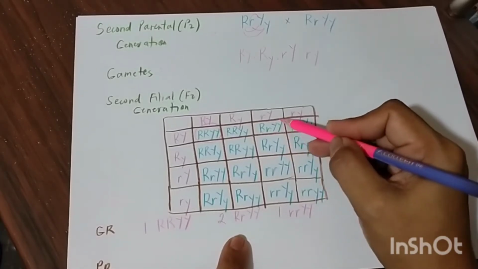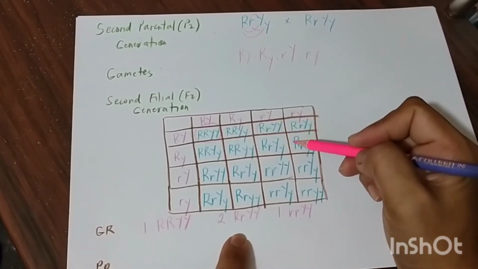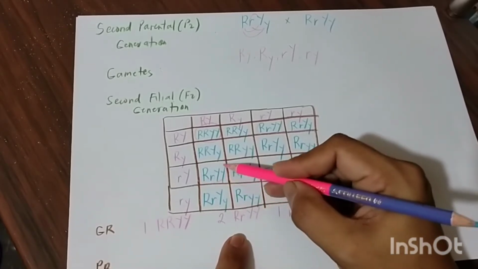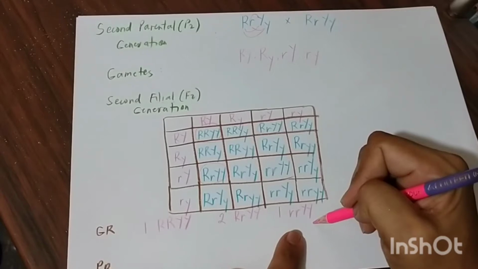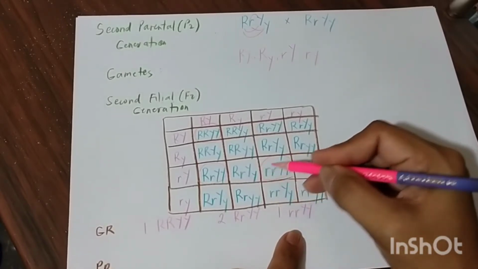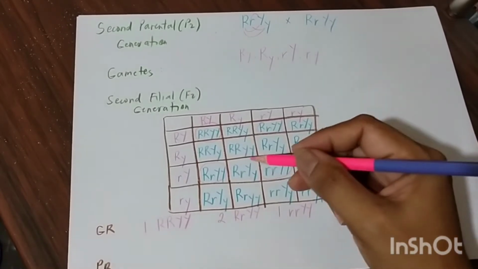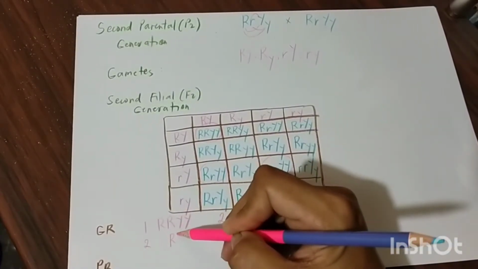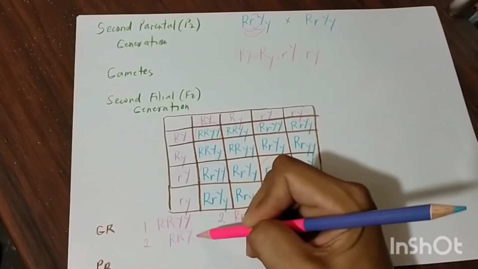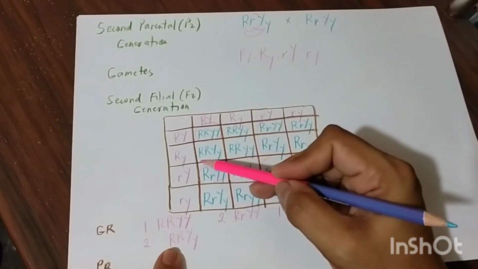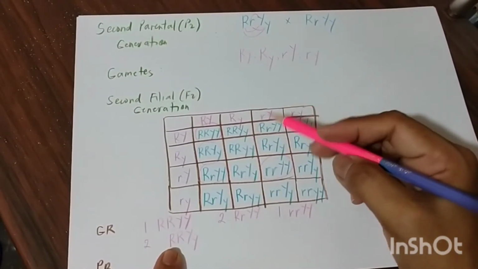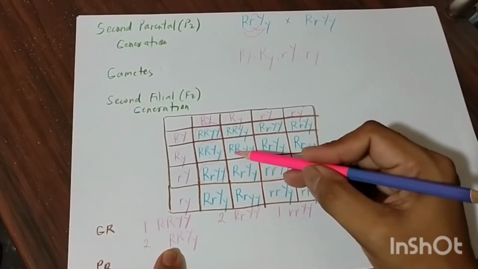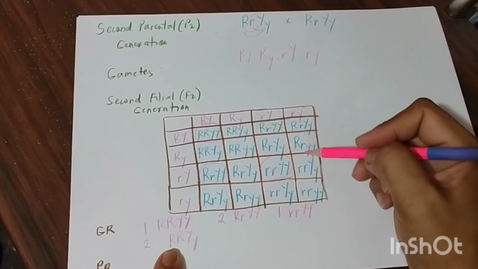Next, we have 2 round heterozygous yellow, 1 and where is the other one?